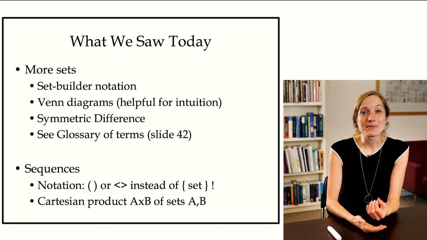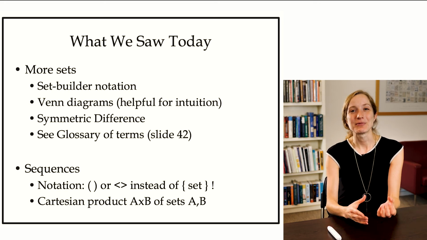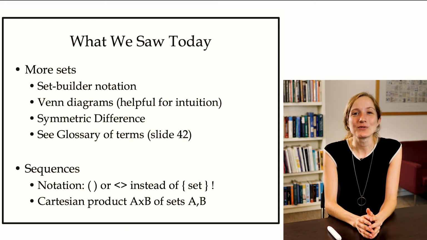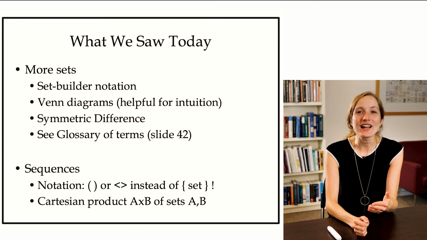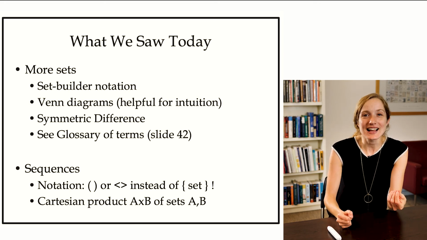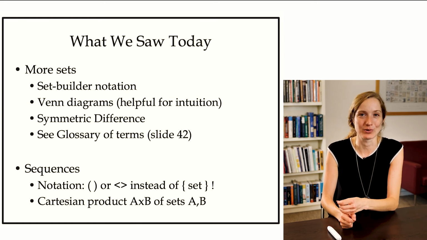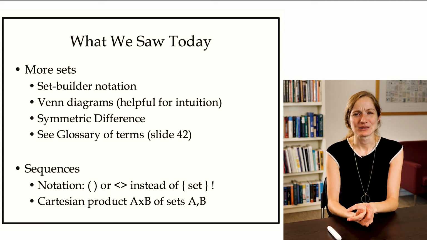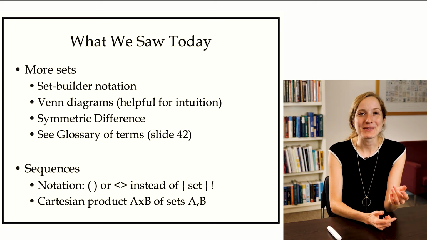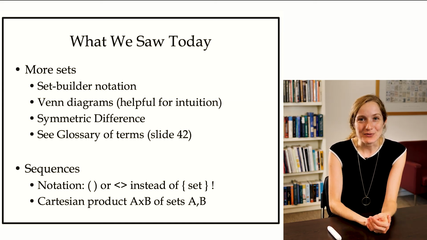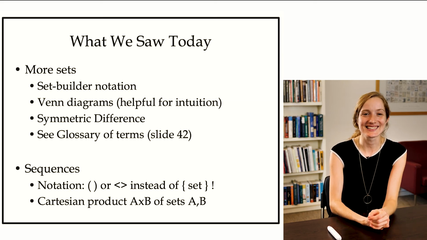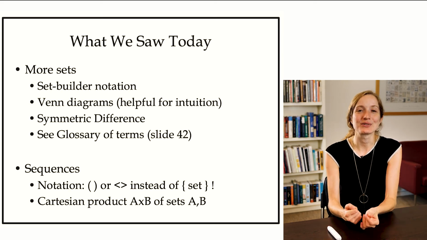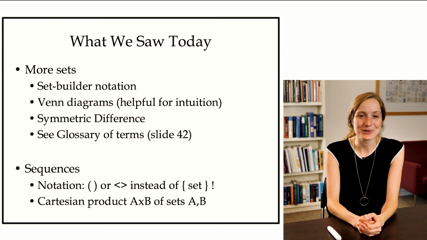We talked about the symmetric difference just now. Remember, the symmetric difference of X and Y contains all the elements that are in exactly one of those 2 sets, but not both. And I highly recommend you take a look at the glossary of terms on one of the previous slides. You can go through and test yourself and make sure that you understand each of those.